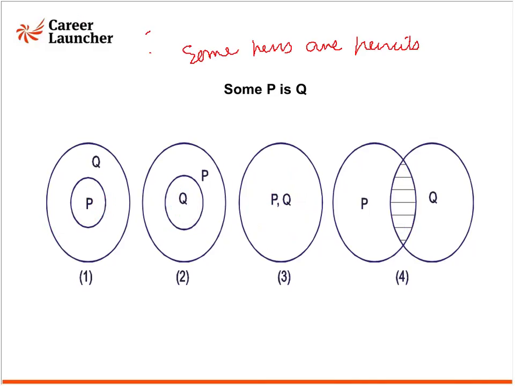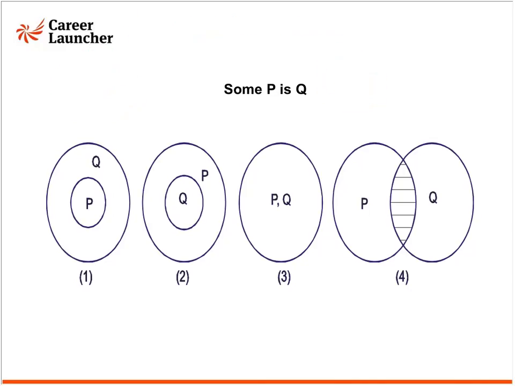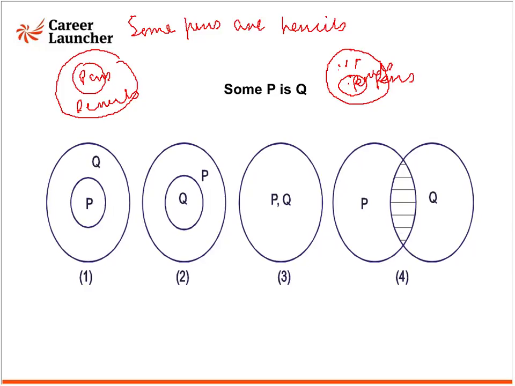One case could be, so yeah, this is case 1 where we can see some pens are pencils. This is case 2, where we've seen pencil is a subset, but pens is the superset.